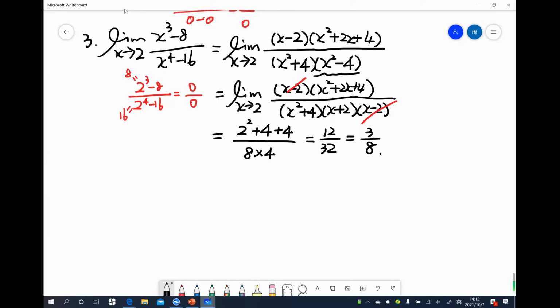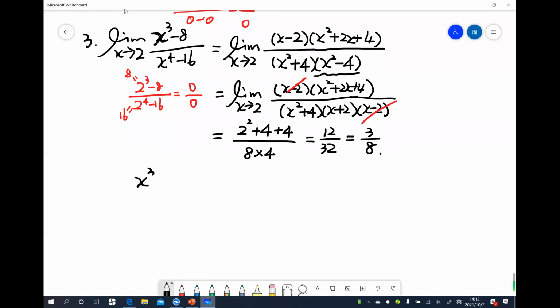Firstly, if you want to solve this question, you have to know that x power 3 minus 8 can be written as x minus 2 times x squared plus 2x plus 4. This is the basic knowledge to solve this question.